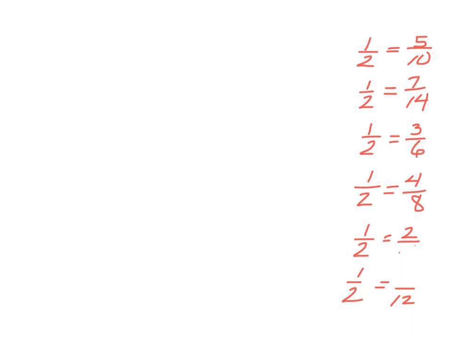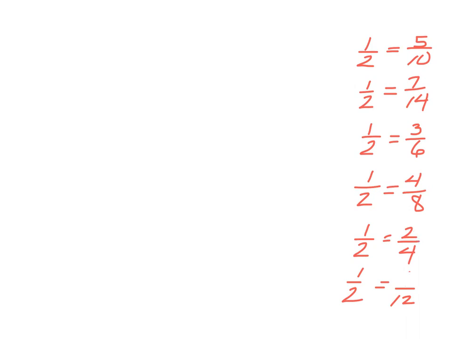Well, it would be 4. How do we know it would be 4? Pause the video and turn and talk to your partner about that. Well, hopefully you remembered that the denominator is double the numerator.